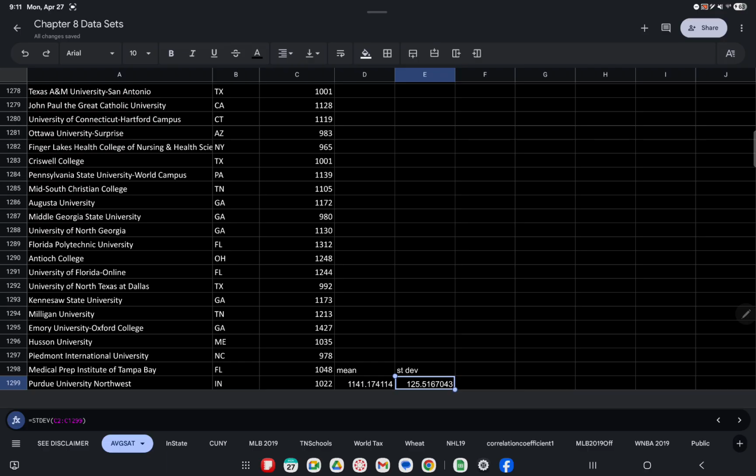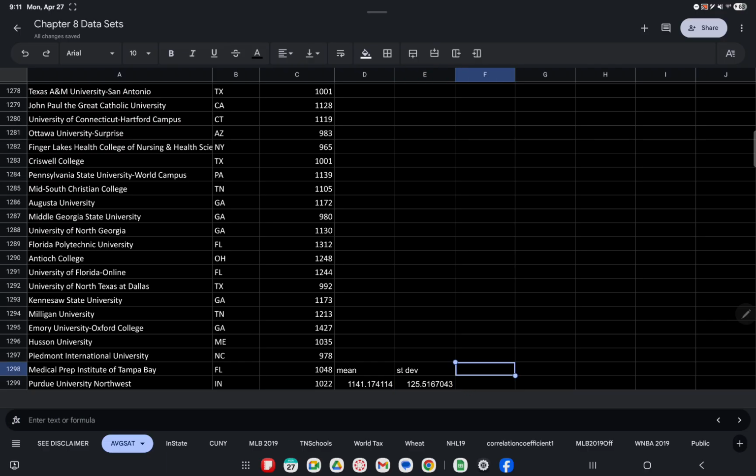And then the third question, using the answers to the previous two questions, use the normal distribution to estimate what percentile the University of Buffalo in New York falls. So it says average is 1250. I guess so we don't have to go through and find that school.